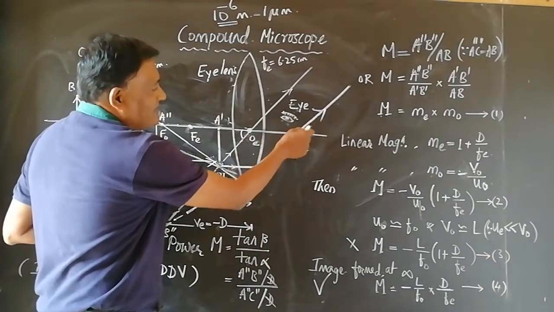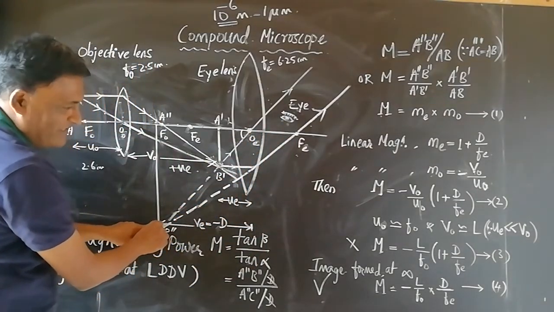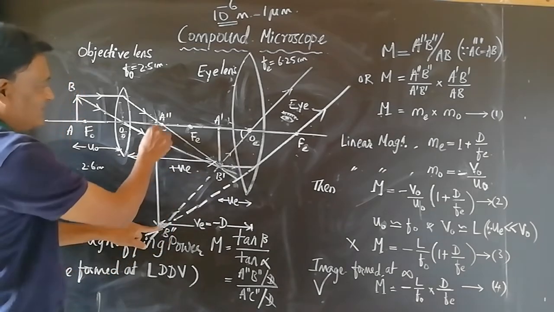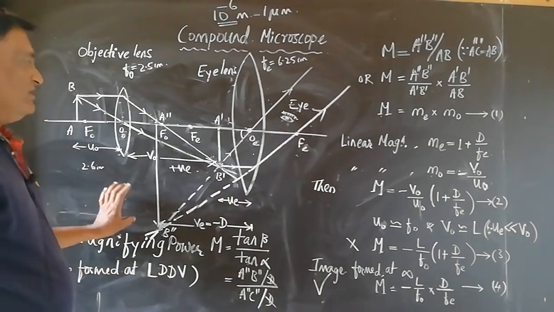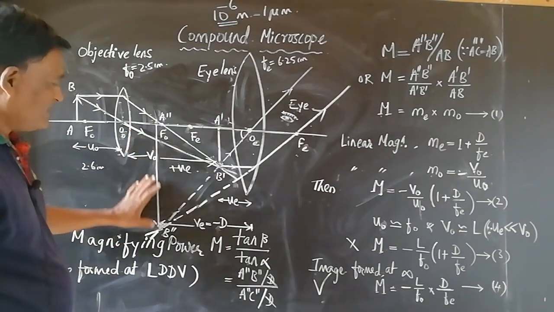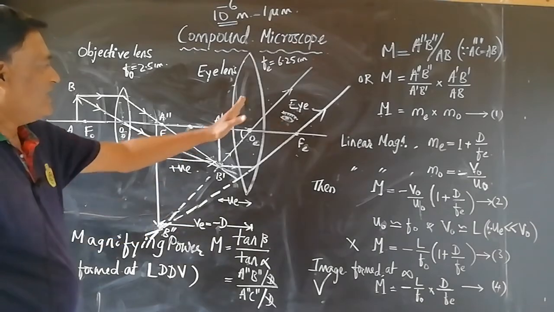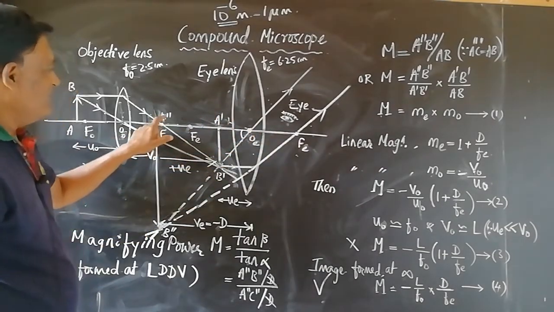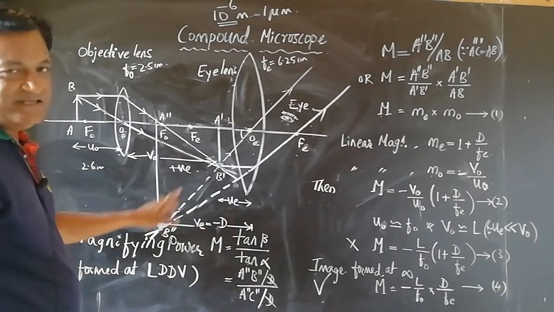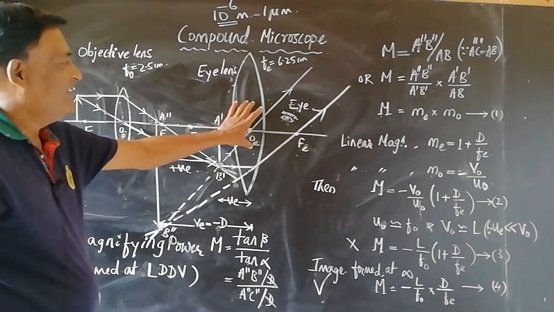These refracted rays, when produced backward, intersect each other at a point. To this point of intersection, a perpendicular A'' B'' is drawn, which provides us the position and nature of the image. So, for the eye lens, A' B' acts as a virtual object, whereas A'' B'' is the final image produced by the eye lens.